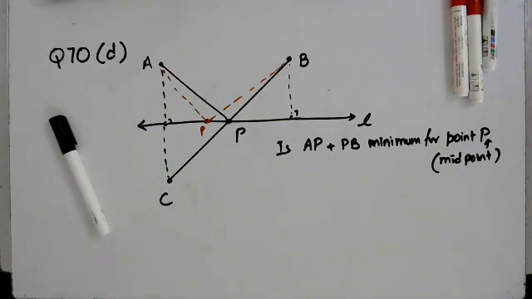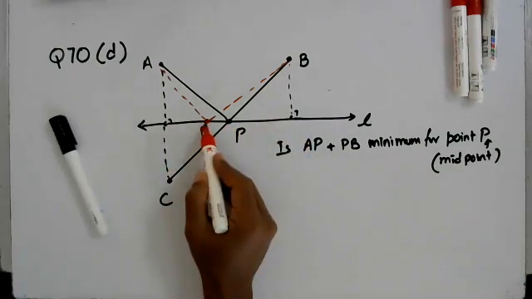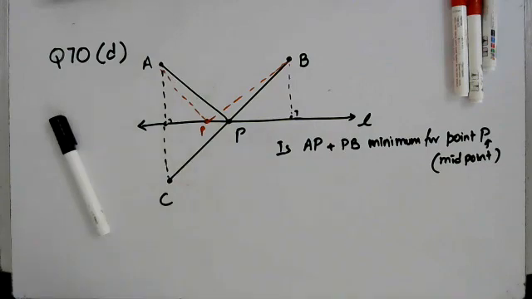So now I found the solution for this, and I will draw the solution. You see if you are able to then conclude whether AP plus PB is minimum for the point P being the midpoint of this line. So obviously now point P is not the midpoint for this line, right?